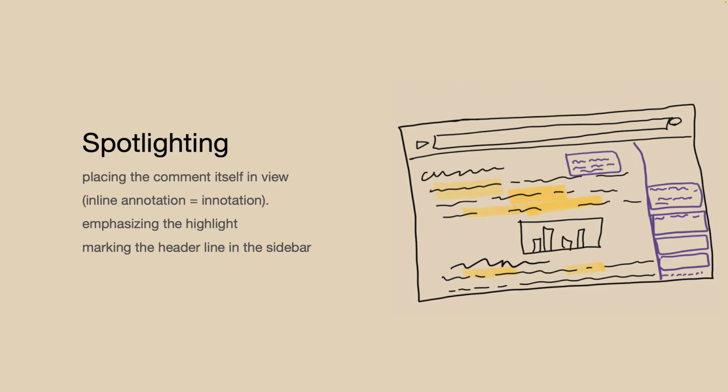After multiple iterations and a pilot study, we have concluded with a set of designs we refer to as spotlights. This includes placing the comment itself in view and making it part of the text, emphasizing the highlight color, or marking the header line in the sidebar.